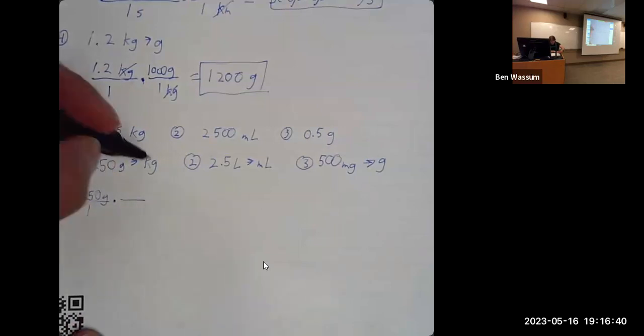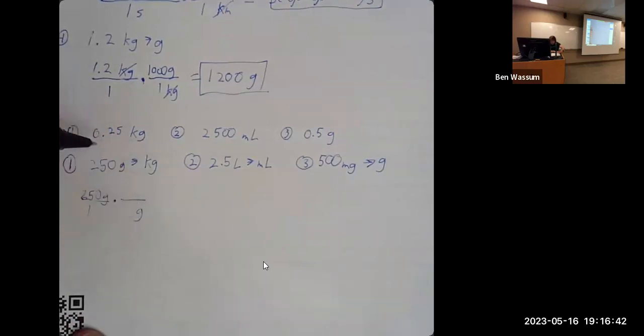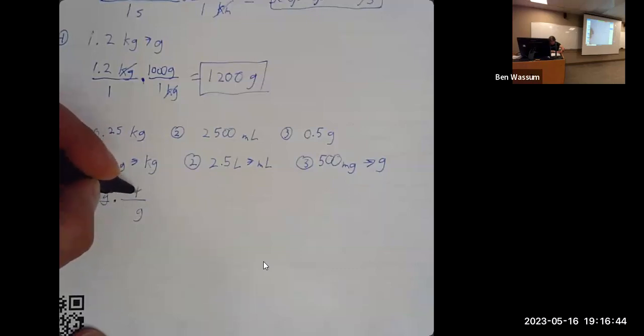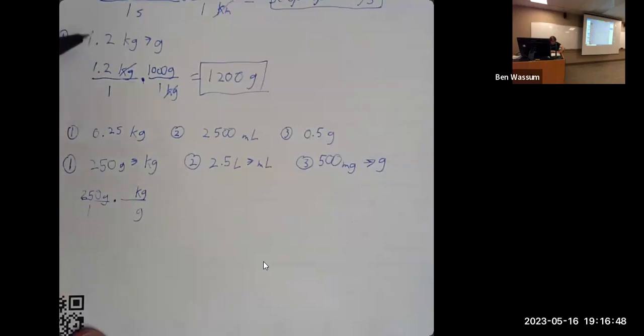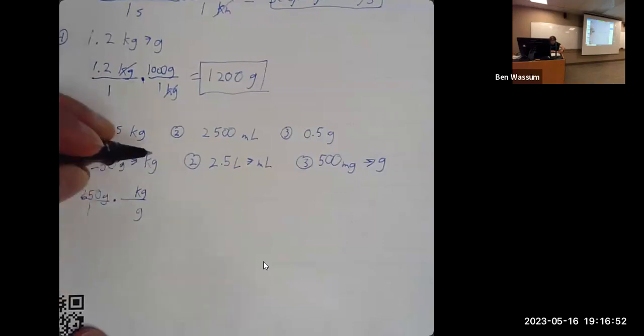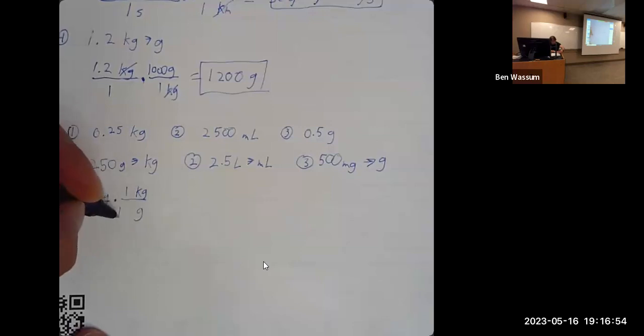We know we would need grams down here and kilograms up here in order to cancel the grams, right? So now you just fill in the numbers that work. 1 kilogram is 1,000 grams. So the grams would cancel. We're now in kilograms.